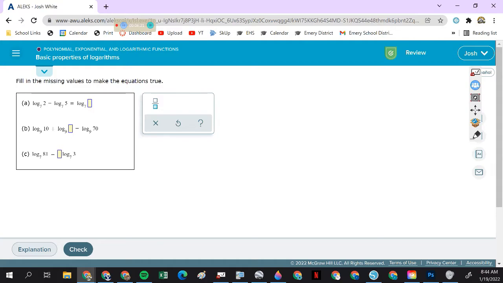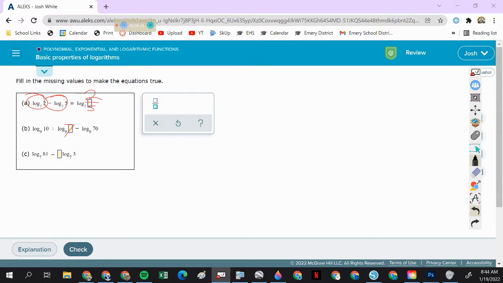The log base 7 of 2 is positive. So the 2 goes on top. This is negative, so the 5 goes in the denominator. Okay? Log base 9 of 10 plus log base 9 of something is equal to log base 9 of 70. It's got to be a 7, because 10 times 7 is 70.